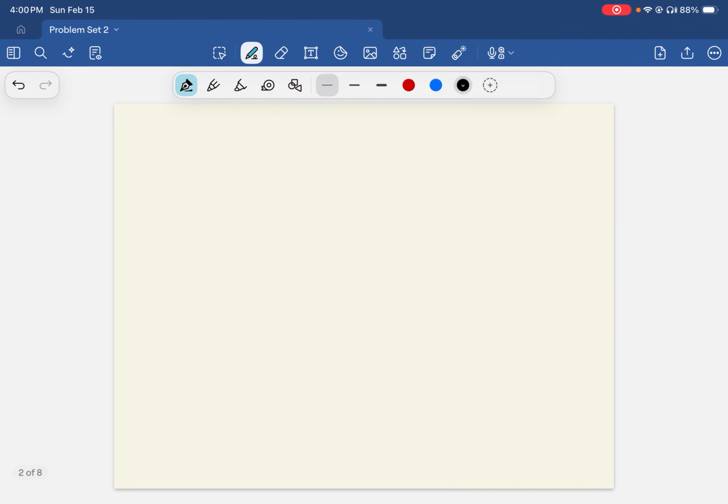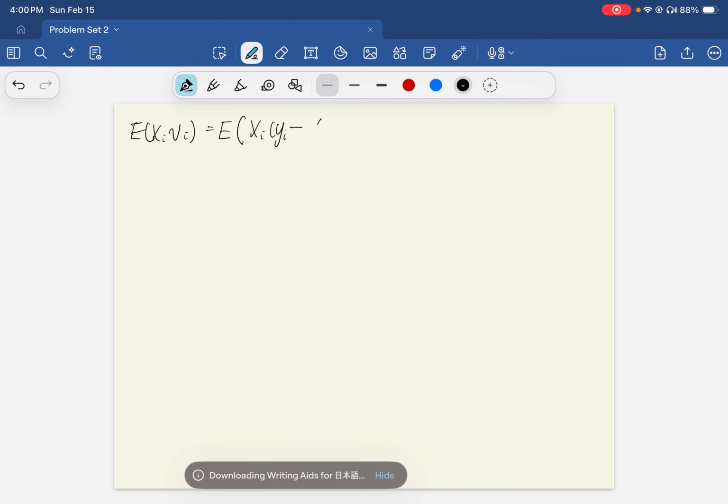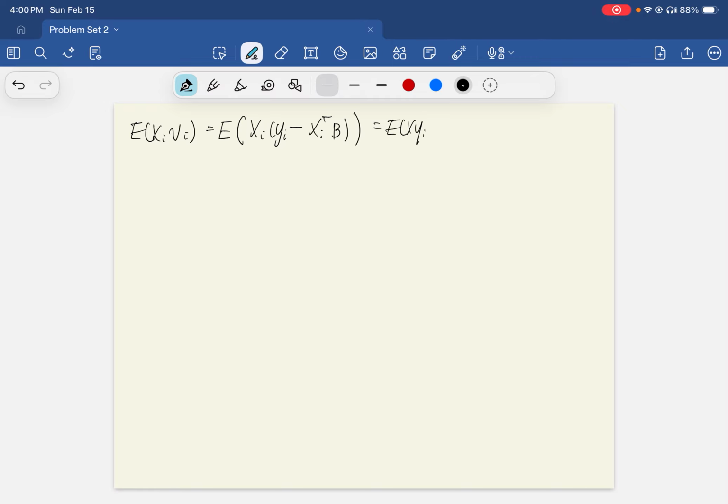It's pretty simple. I need to show that E[x_i v_i] is 0, and v_i is defined as y_i minus x_i transpose b. And then if you expand, it's E[x_i y_i] minus E[x_i x_i transpose] b.